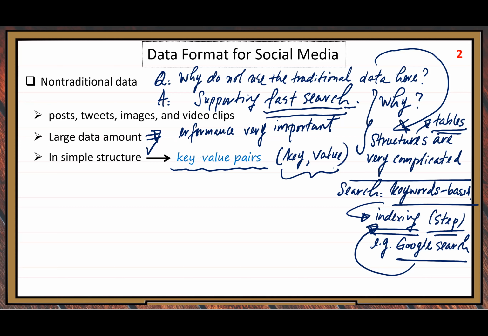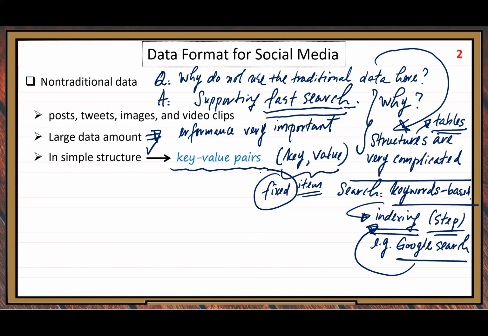So each data item is one key-value pair. It is fixed all the time, never changes. So you do not need to describe it. You do not need to write any description statement for it. That's the data you need to process. So that's the non-traditional data.